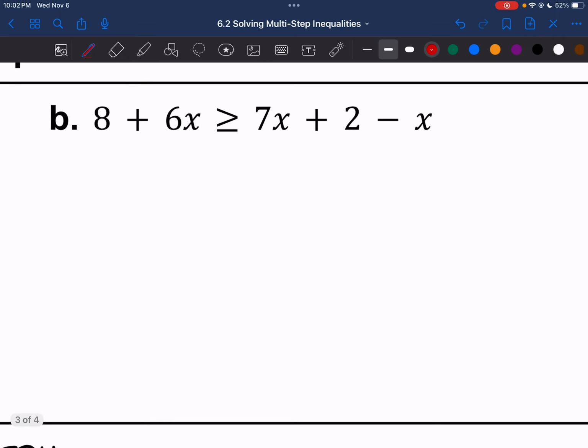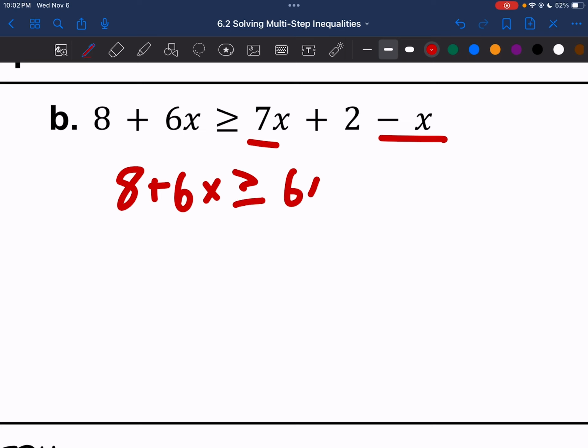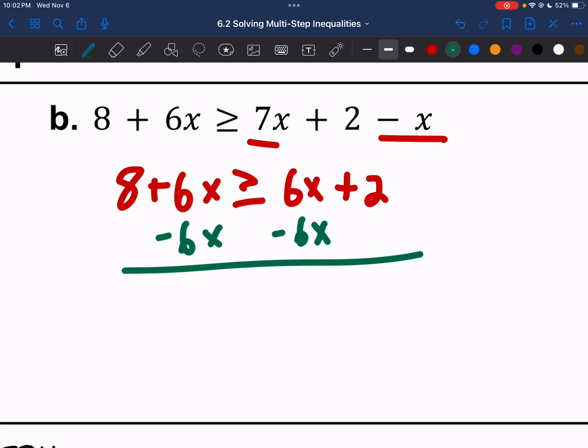Letter B. The first step I'm going to have to do on the right side is combine like terms. So we have 8 plus 6x is greater than or equal to 7x minus x, which is 6x, plus 2. We subtract 6x from both sides, and we get 8 is greater than or equal to 2.